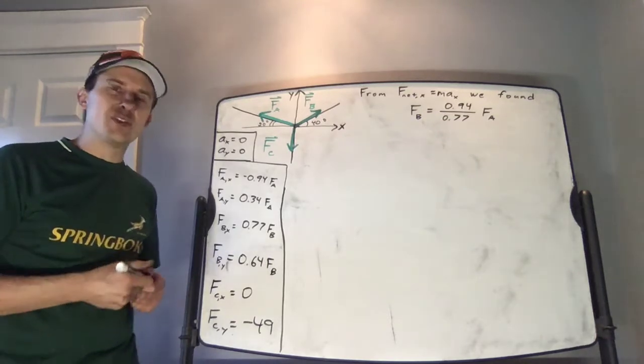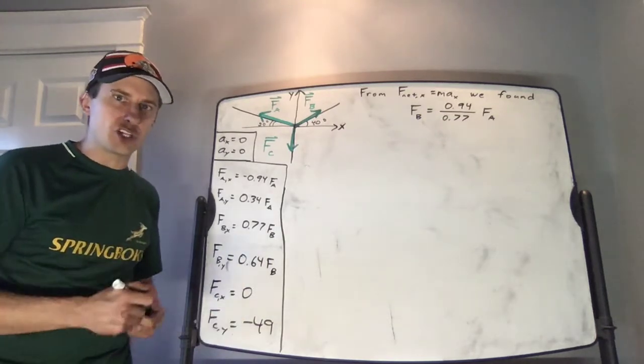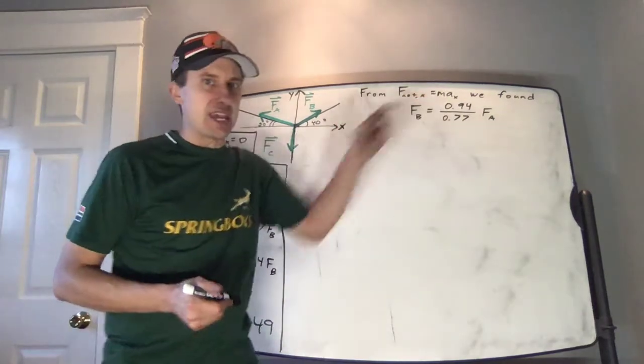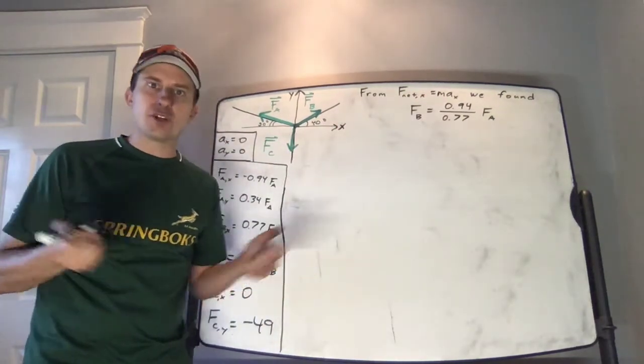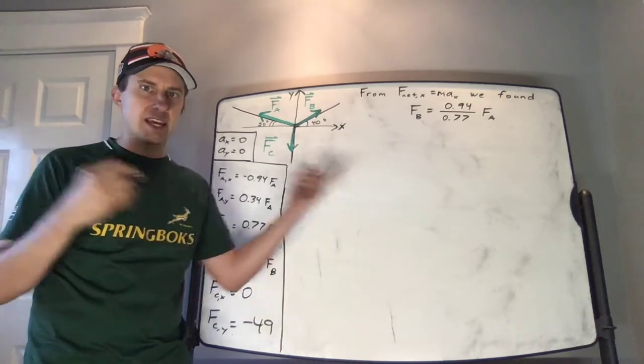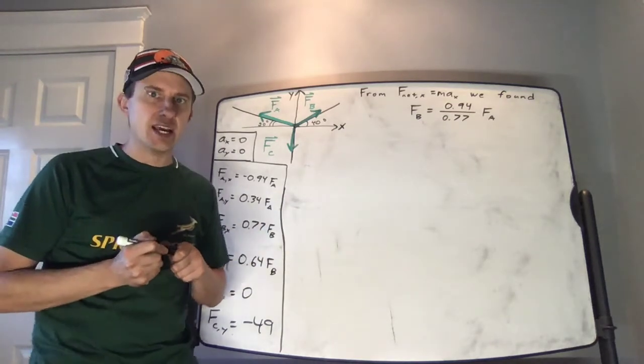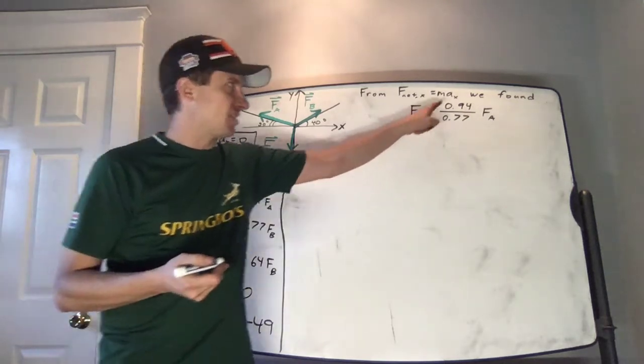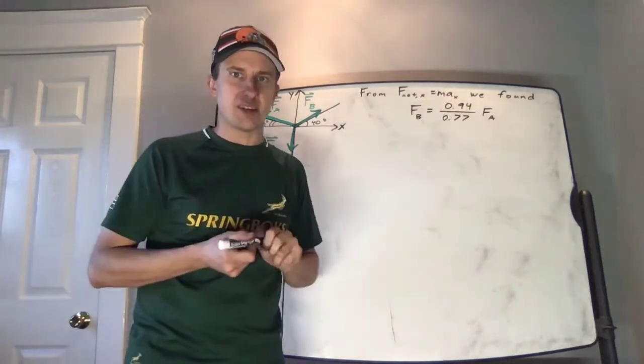We consider Newton's second law in the horizontal direction, F net X equals MAX, and from that we found a relationship between the strength of tension in cable B and the strength of the tension in cable A. Specifically, we found FB is 0.94 over 0.77 FA.